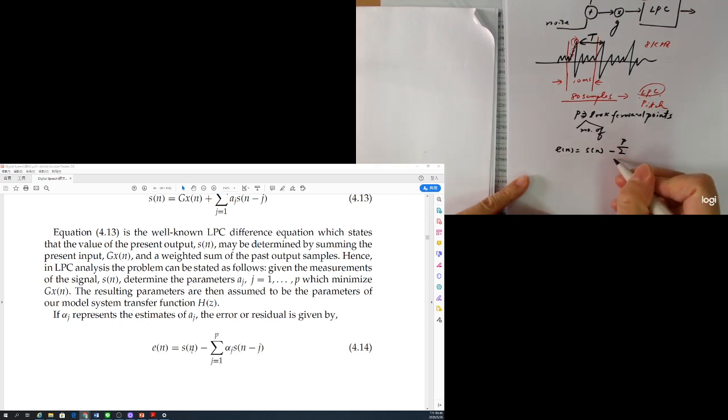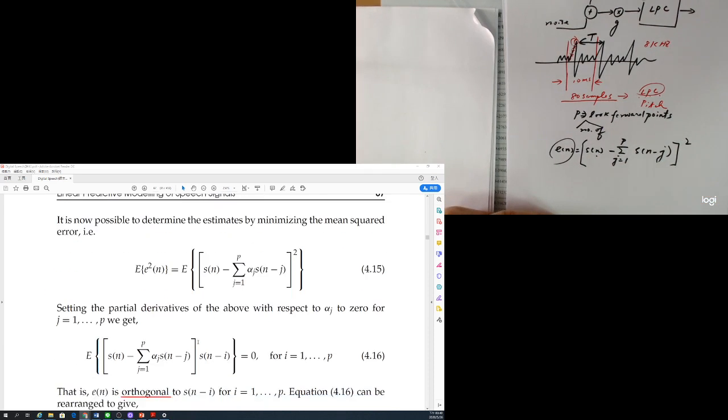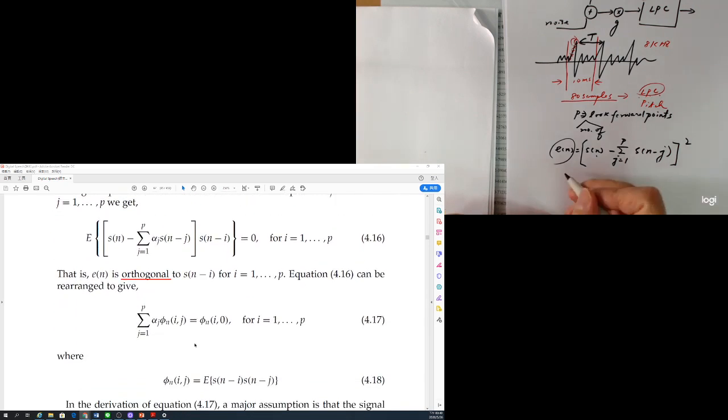What do they minimize? They use the previous peak point signals to linearly predict the current signal. So we try to minimize this error. We use the mean square error, and later on we come out with the cost function, an equation like this one.